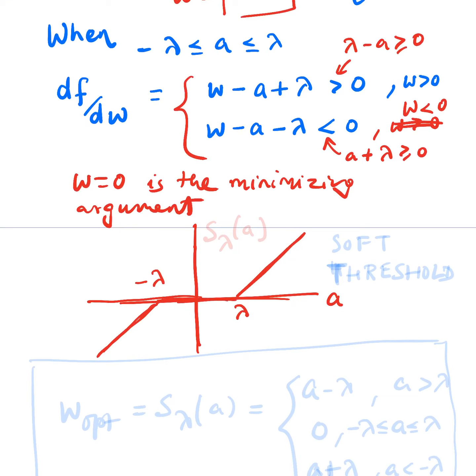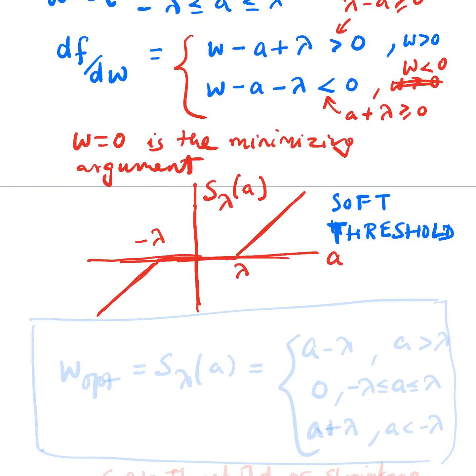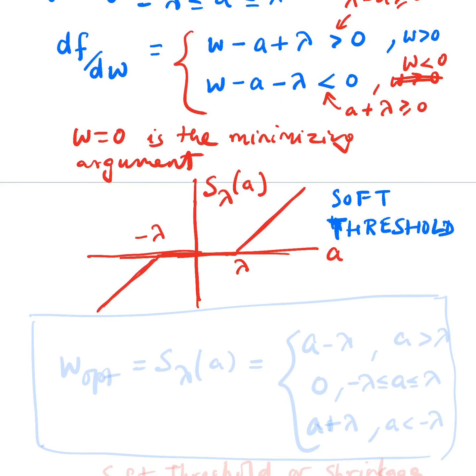So this is my answer for w, and I'm going to call this s sub lambda of a, and this is a soft threshold operation, right? Basically, I'm thresholding at plus minus lambda, but I'm not saying plus 1 or minus 1 after the threshold. I'm just letting it through after subtracting the value of the threshold, right?